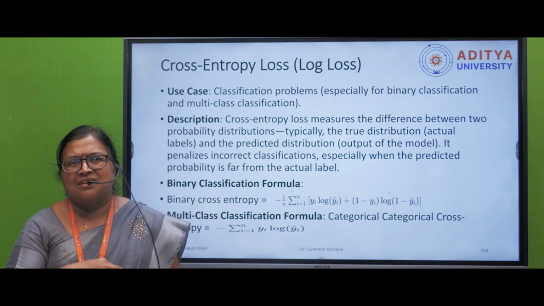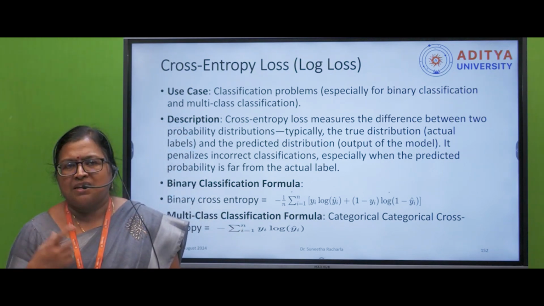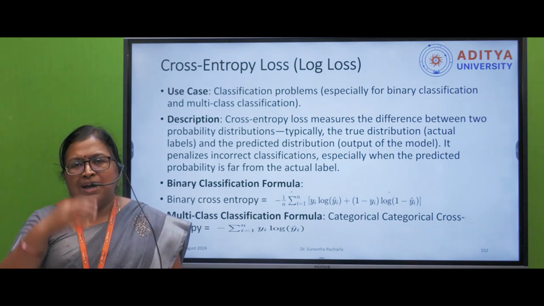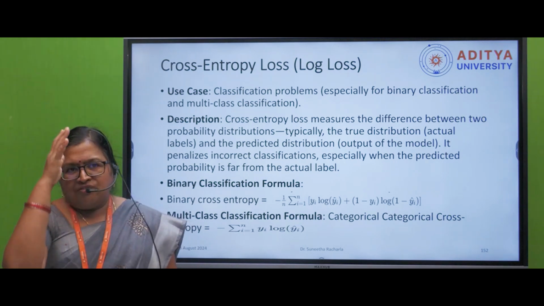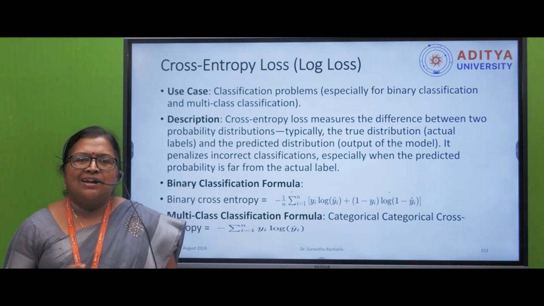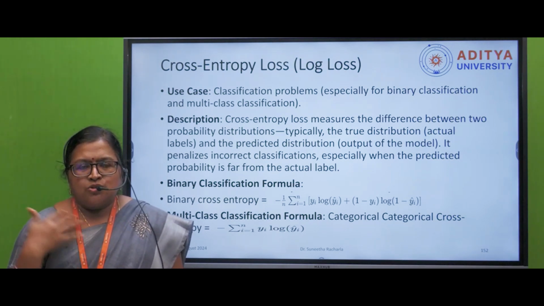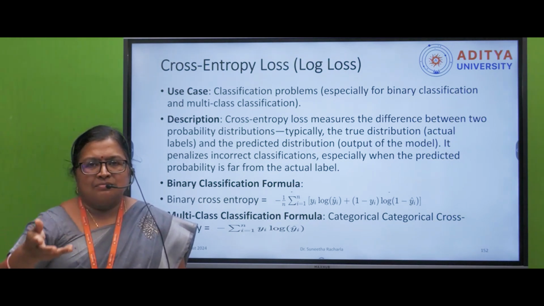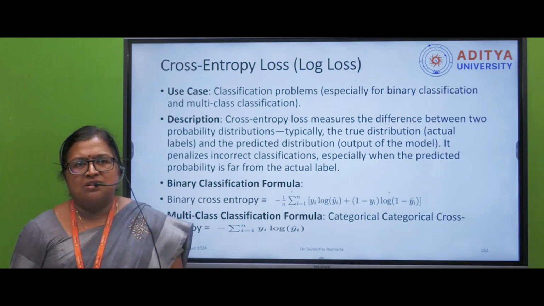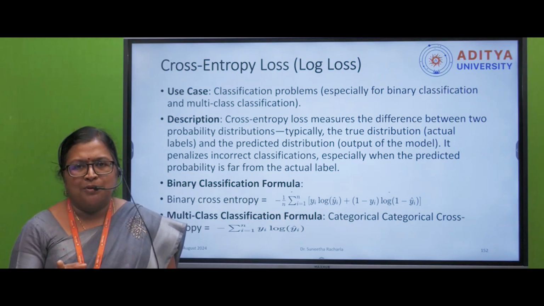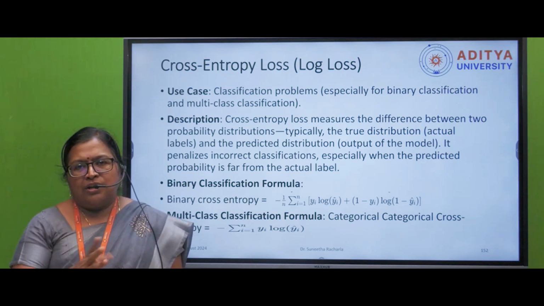Normally we use this for classification algorithms. As I told you, at the end of the prediction in a classification algorithm, we get discrete outputs. There won't be any dependency between the outputs, you just have to categorize. In those cases, particularly, we use cross entropy values. There won't be any probability or integer values.